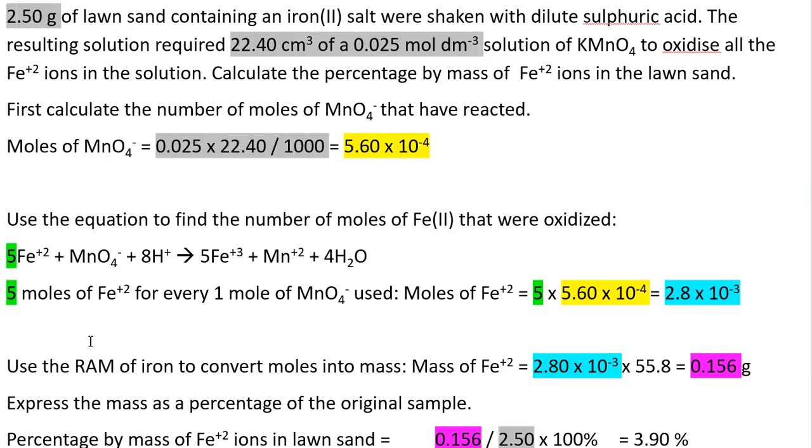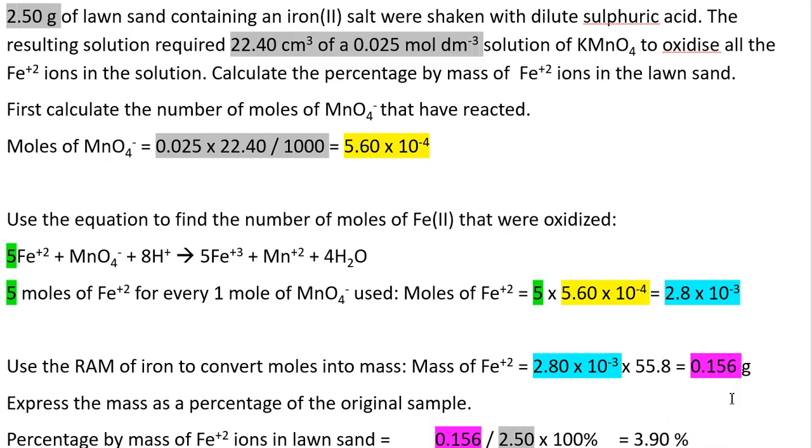Now, to get the percentage by mass, I've got to convert moles into grams. Use the relative atomic mass of iron to convert moles into mass. My mass of Fe plus 2 is now my moles of Fe plus 2 times the relative atomic mass. I've taken that to be 55.8.